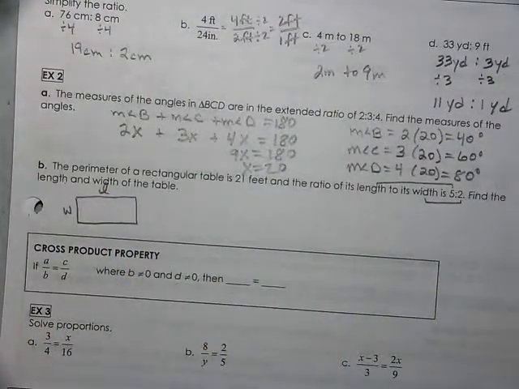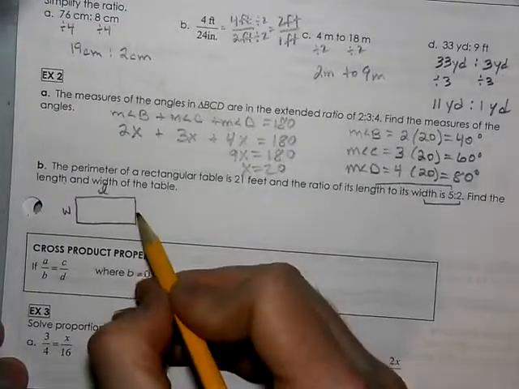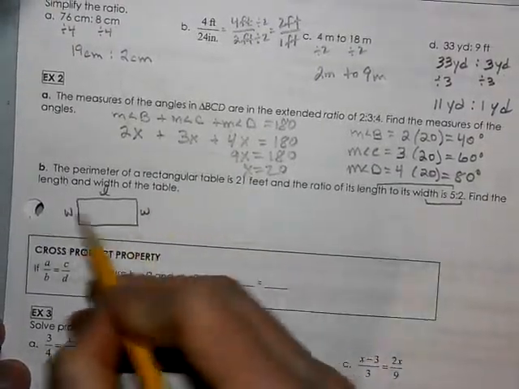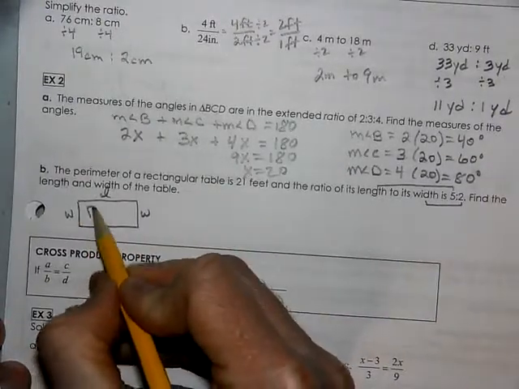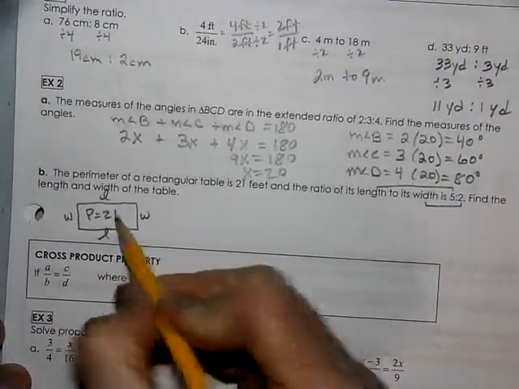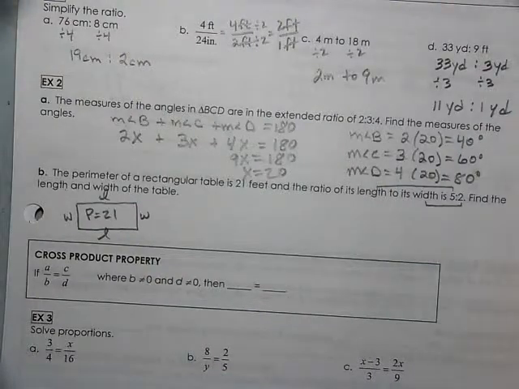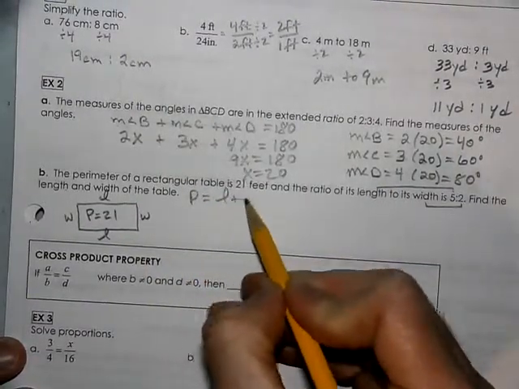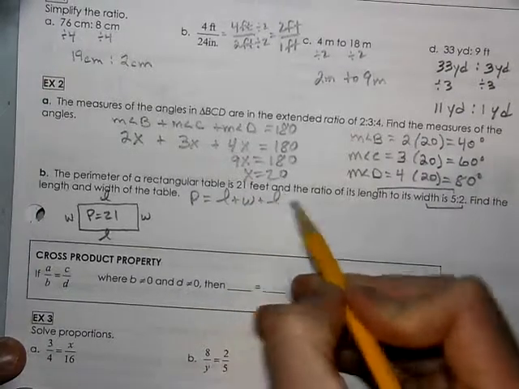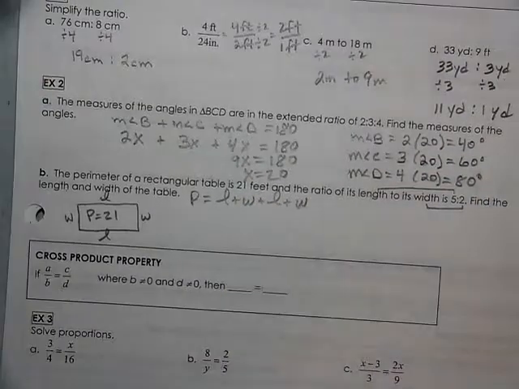Now, perimeter it talks about, so we have 2 widths and 2 lengths. The perimeter is going to be 21. So we know that the perimeter equals length plus width plus length plus width.